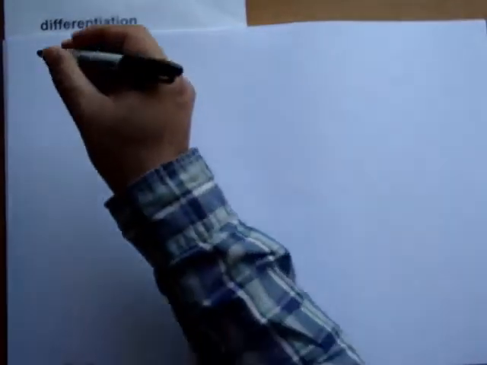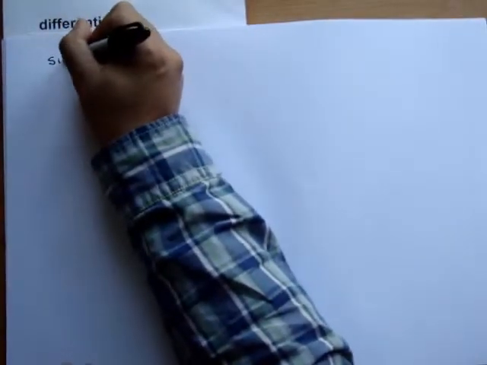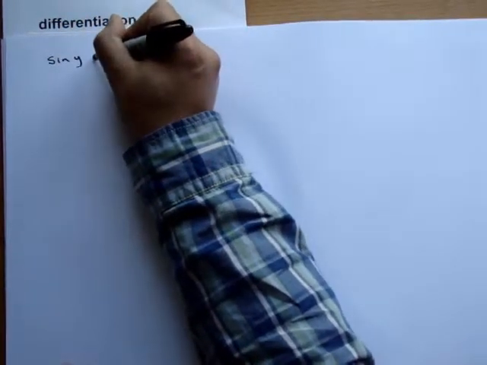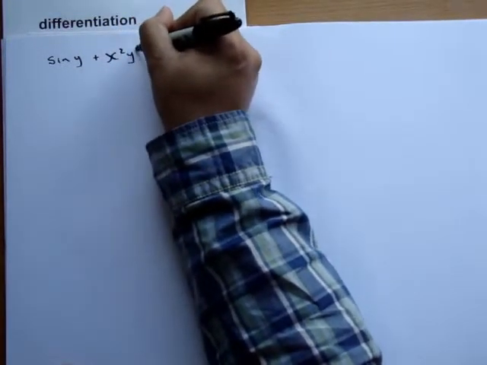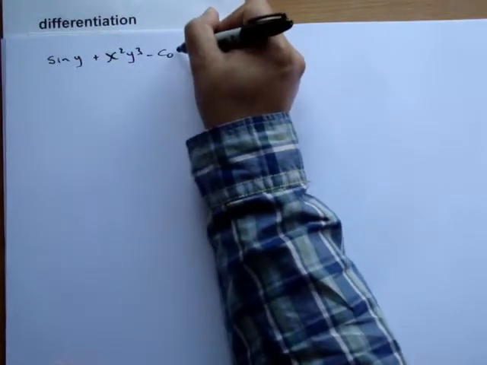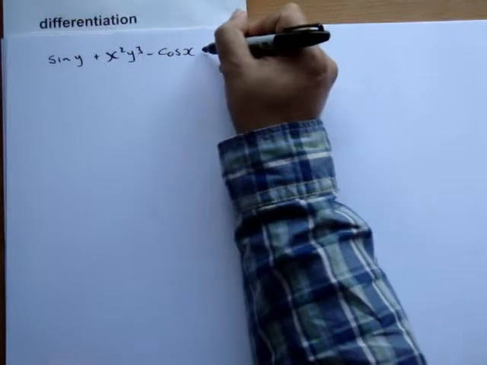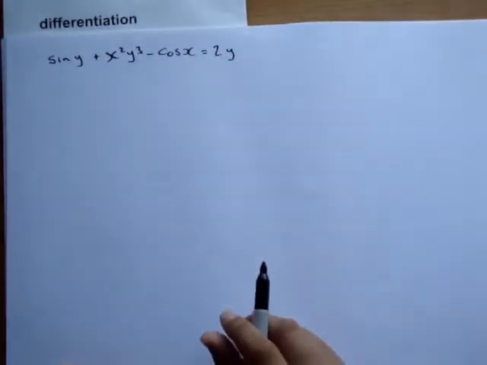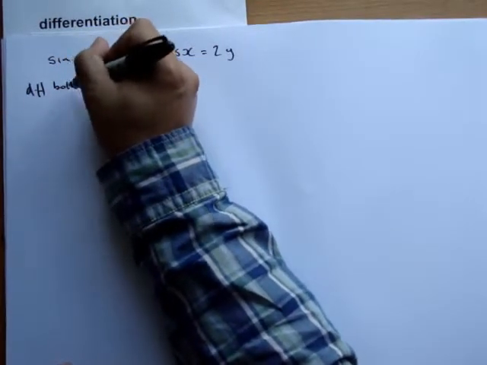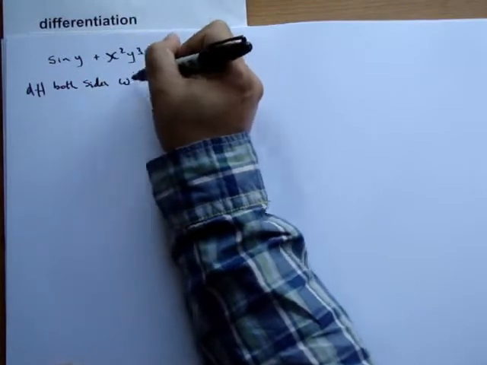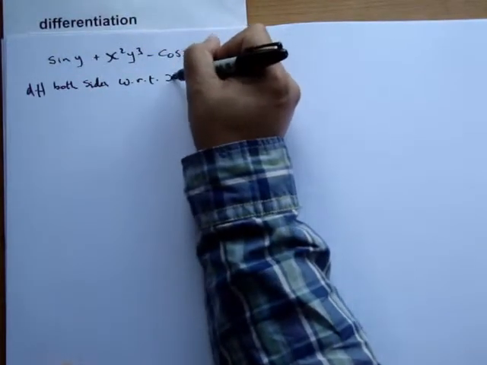Okay, in this example we're going to use some trig. So we have sine y plus x squared y cubed minus cos x equals 2y. Again, differentiate both sides with respect to x.